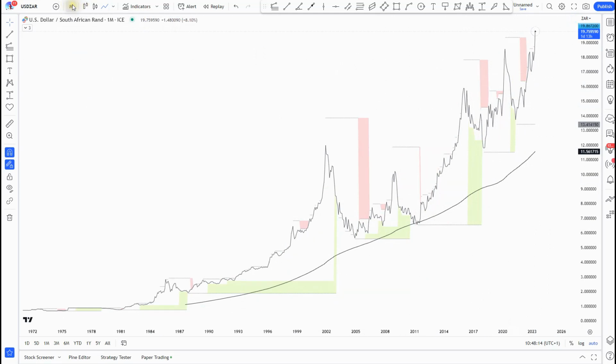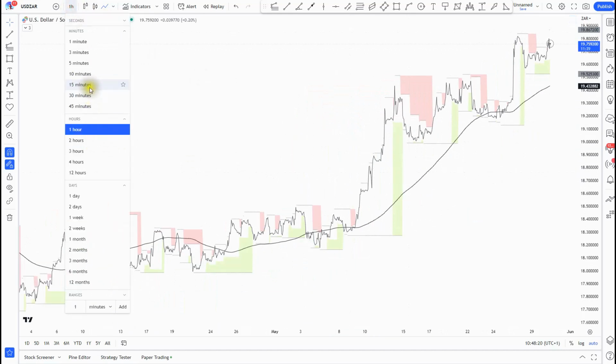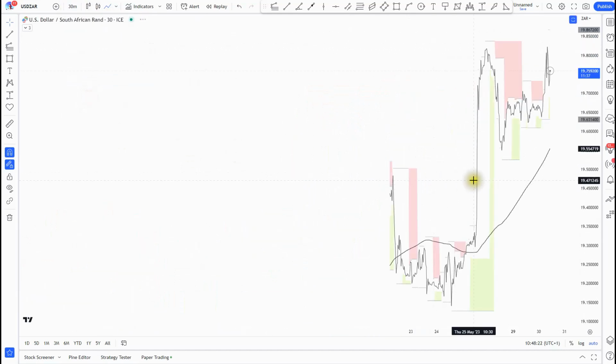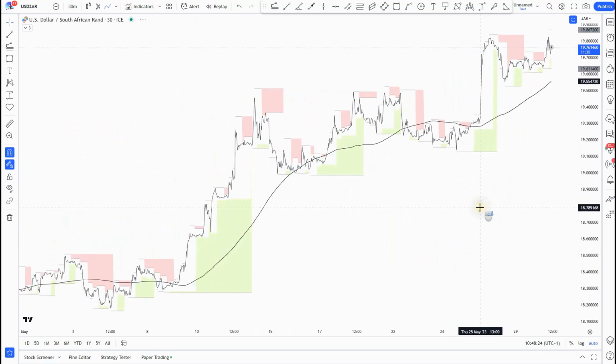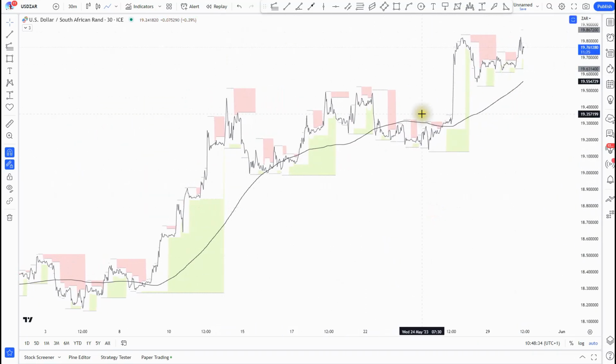If you are a day trader, probably you will go into a lower time frame, probably a 15 minute or 30 minute time frame, and you will take into consideration not only the momentum but also the patterns the market forms, and you will pay attention to specific data in a specific period of time. That's correct.